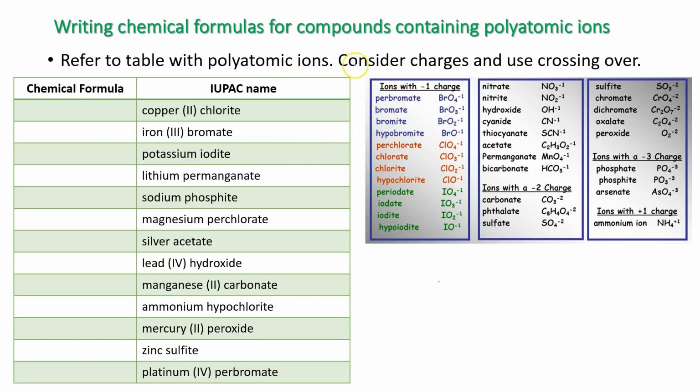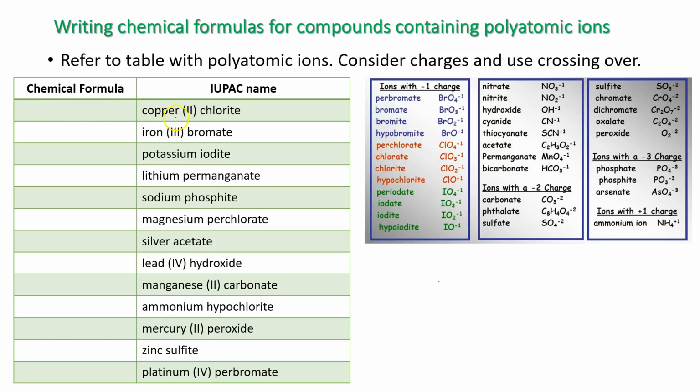Okay. So when writing the chemical formula, if you're given the IUPAC name, you have to consider the charges, and you have to use crossing over, the crossover method that was seen in the previous videos. Okay, so in this video I'm also going to go over lots of examples.